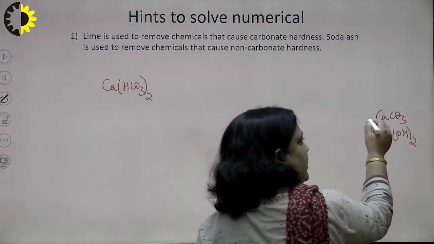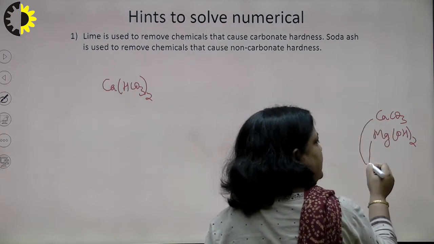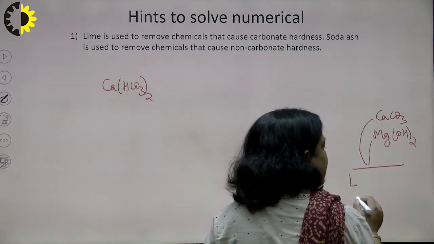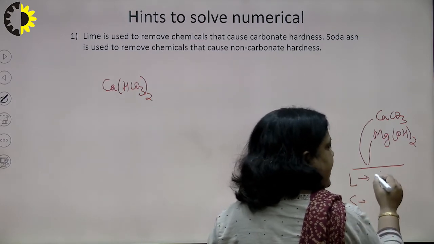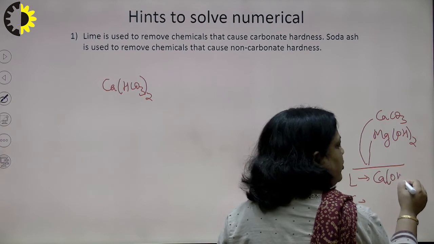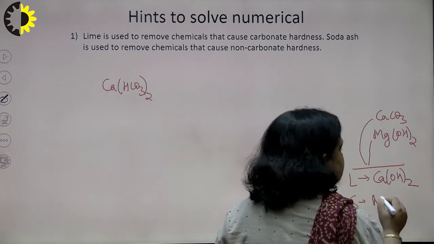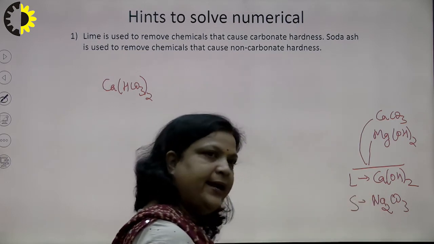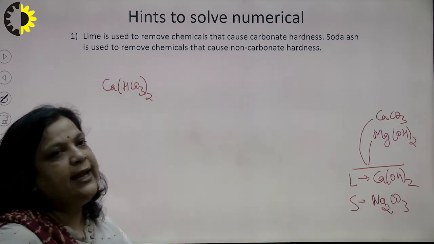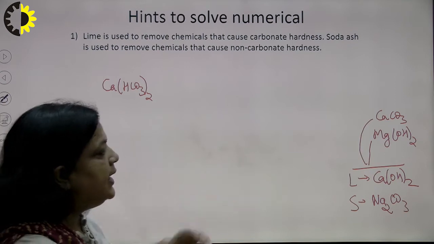And we have two hints. What are the hints? Either lime or soda is added, and lime means Ca(OH)2 and soda means Na2CO3. So carbonate can come by adding soda and hydroxide can come by adding lime.